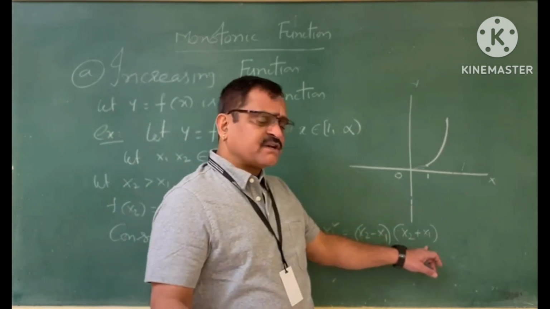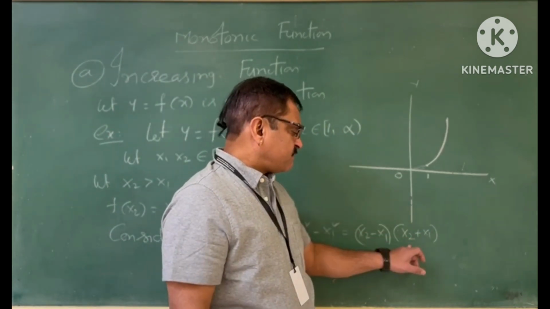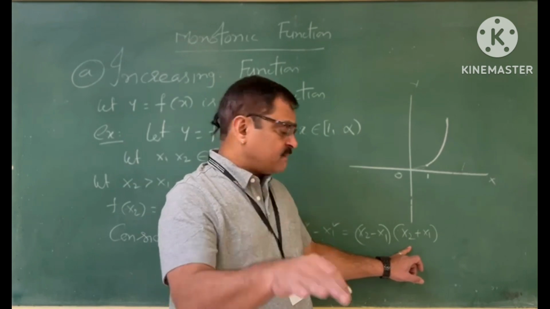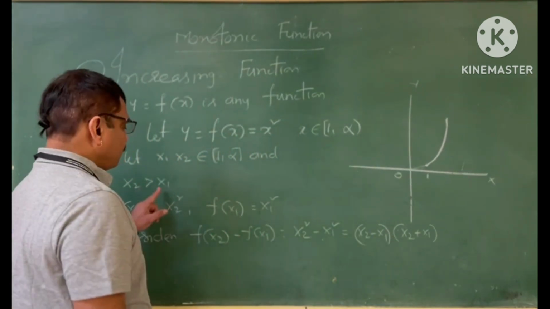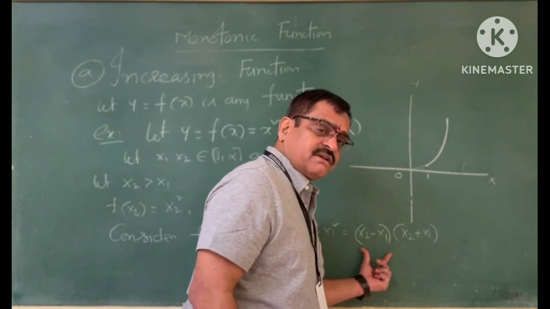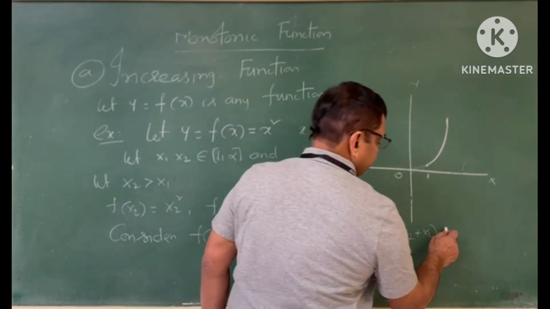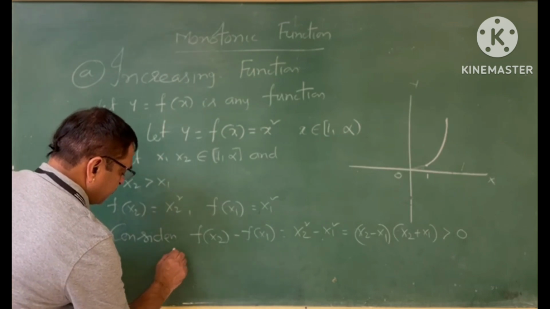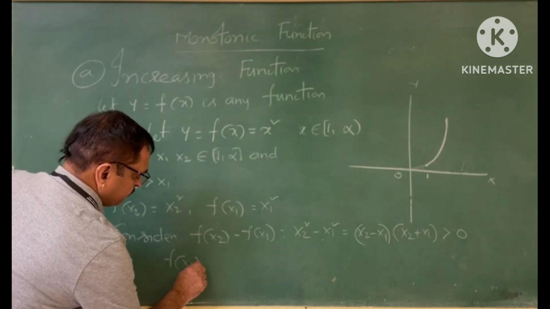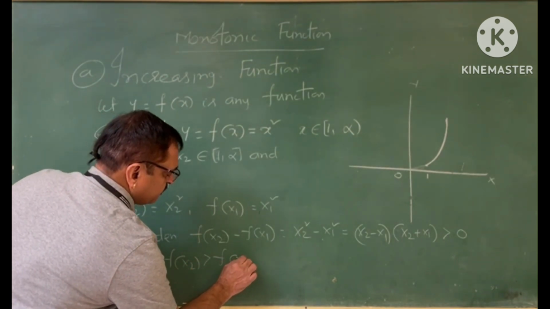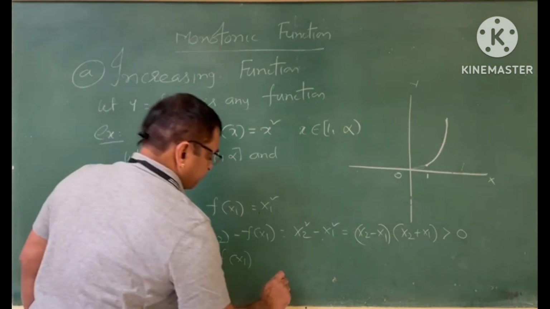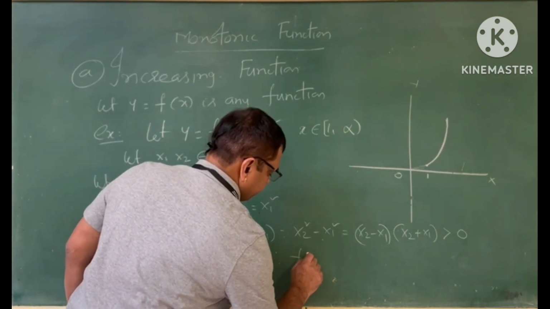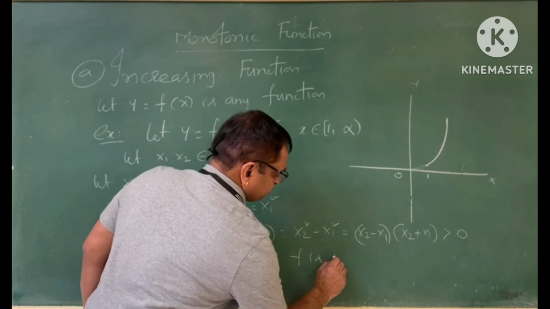Since x1 and x2 both are positive numbers, x1 plus x2 is positive. And moreover, since x2 is more than x1, x2 minus x1 is also positive. Therefore, it is greater than 0. Therefore, f of x2 is more than f of x1. Therefore, f is an increasing function.